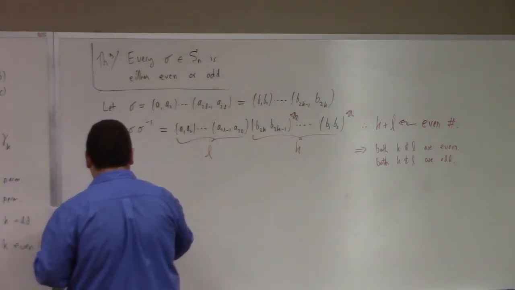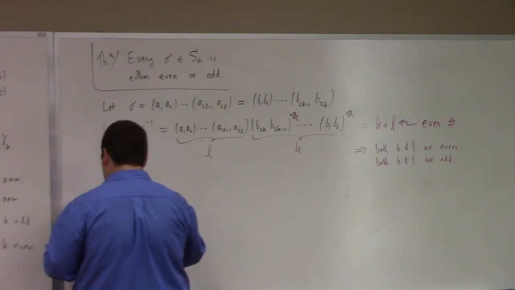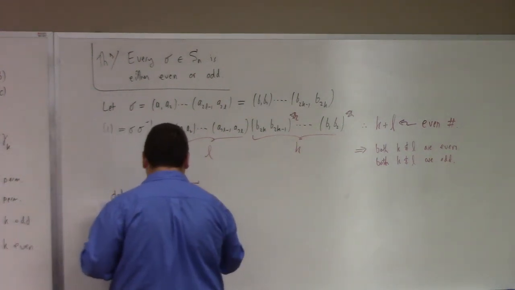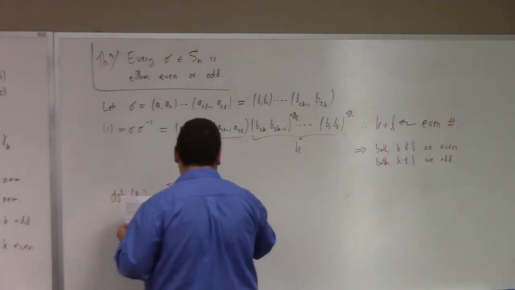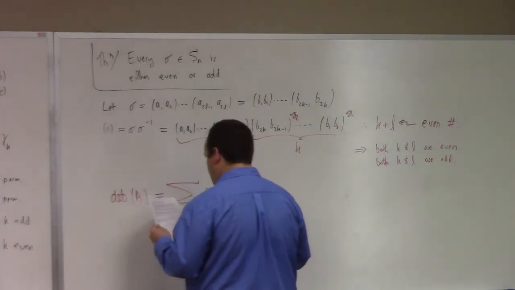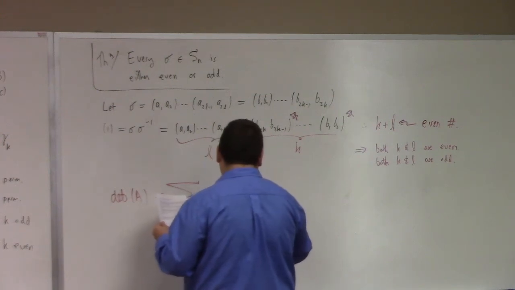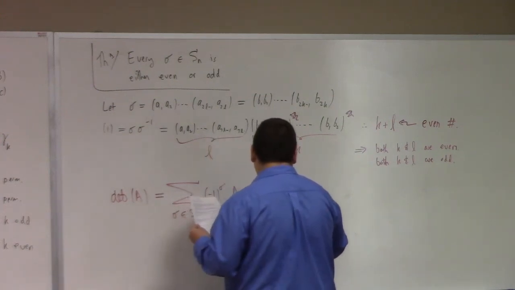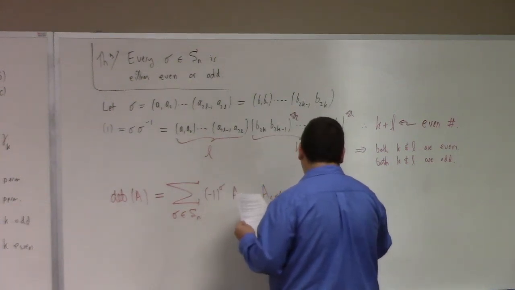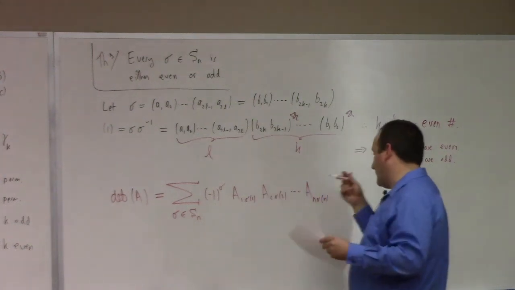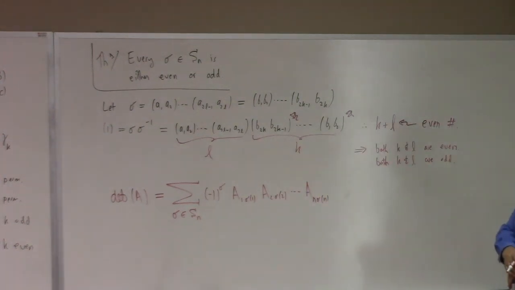The determinant of a matrix you can define to be the sum over permutations sigma of minus 1 to the sign of sigma, A1 sigma 1, A2 sigma 2, dot dot dot, A n sigma n, where of course these are the coefficients of the matrix that you're calculating the determinant of, right? So that's just like a straight up formula for the determinant in terms of a sum over permutations.